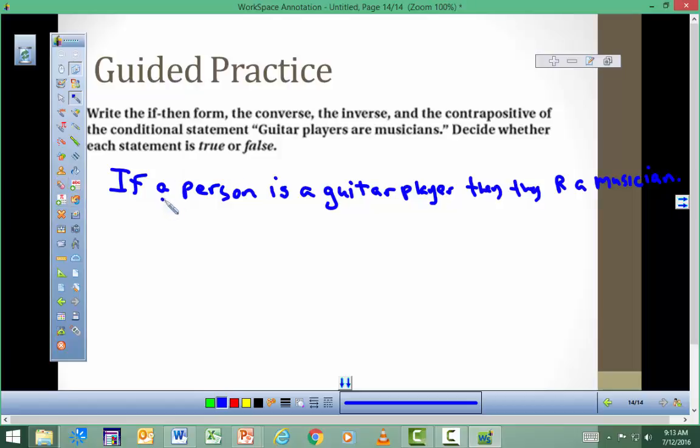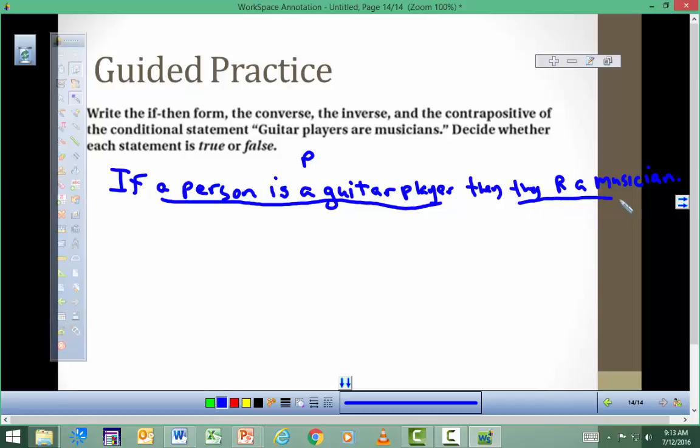So this portion right here is the P, and this portion is the Q. So from a logical standpoint, to create the converse, all I want to do is switch the two around. Alright, so what I want to do now is use a different color.